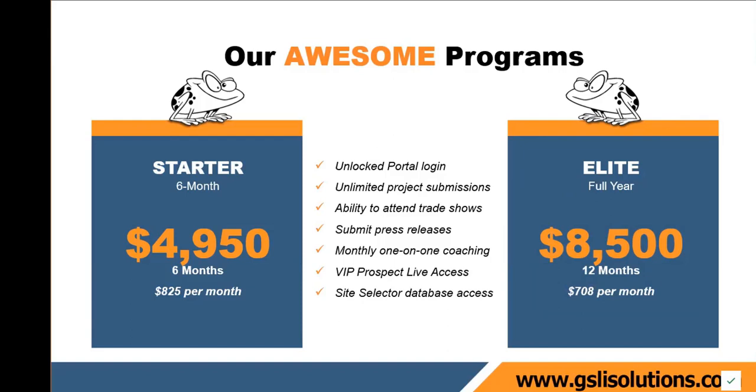For less than $708 per month, you can work unlimited projects, go to our trade shows, submit our team press releases, and we'll get those out on our social media. You'll have a one-on-one meeting with one of our coaches to help you understand and perfect your submission process.